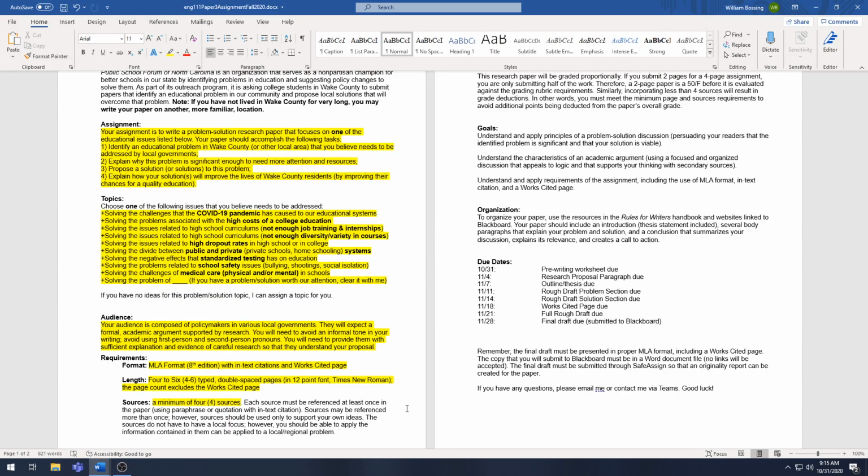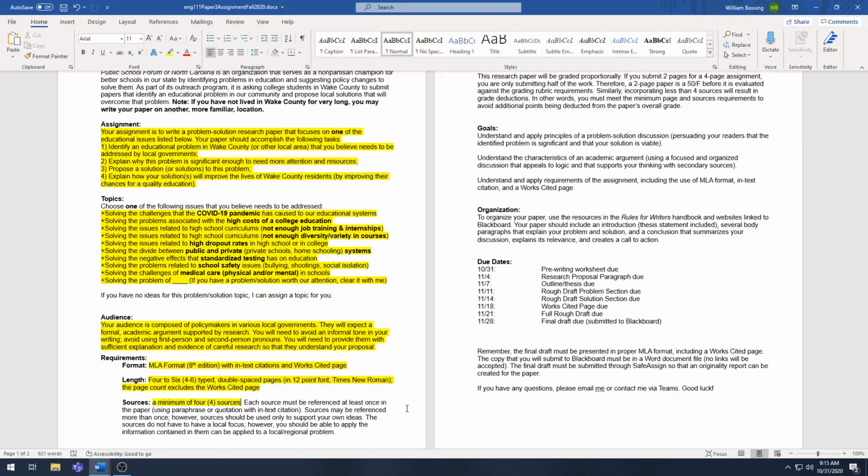And again, I want the focus of your discussion to be local. But the sources themselves don't have to be local, right? You don't have to get something from a news story from WRAL TV News or from the News and Observer newspaper here in town.